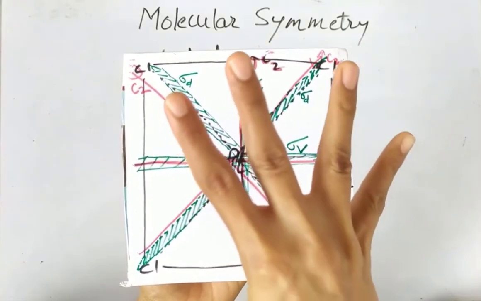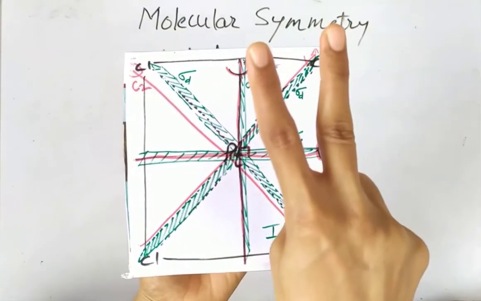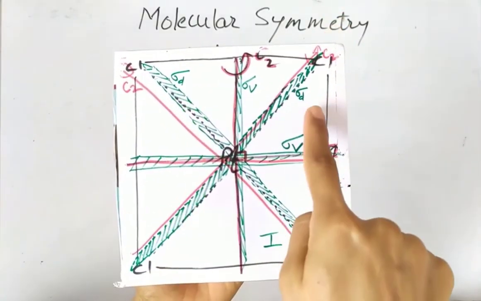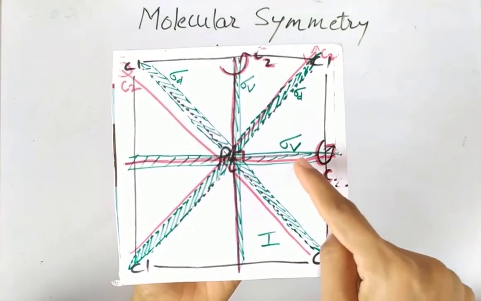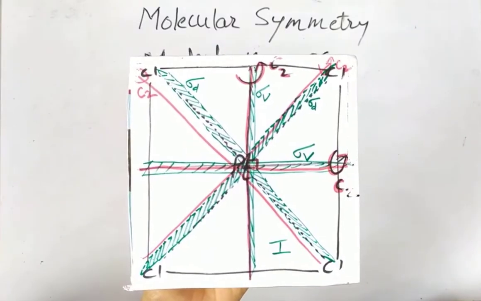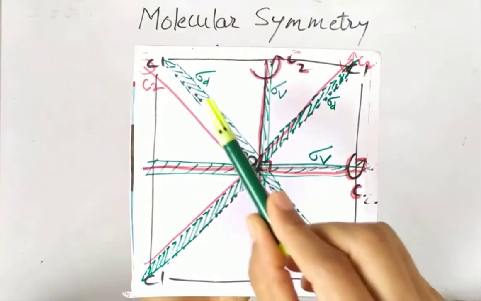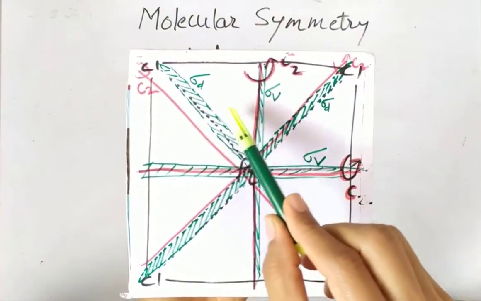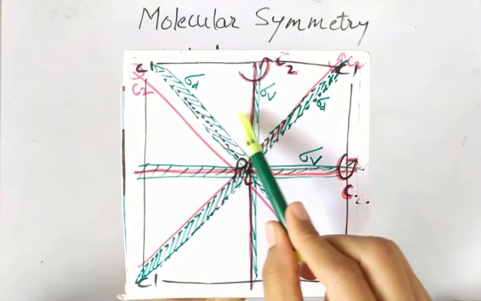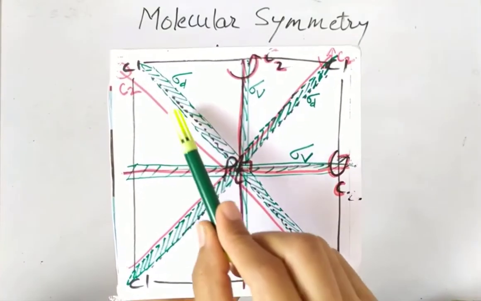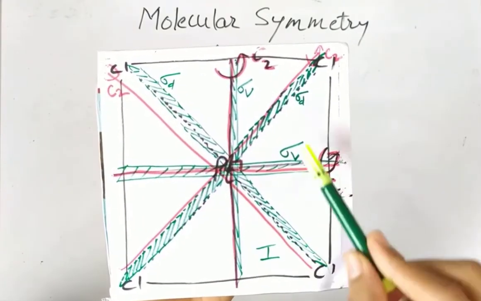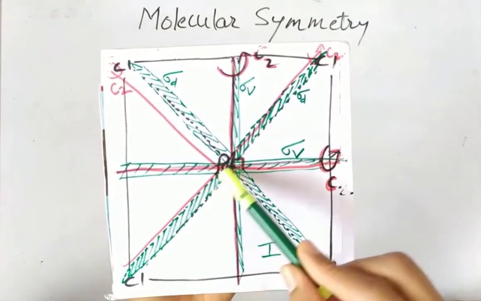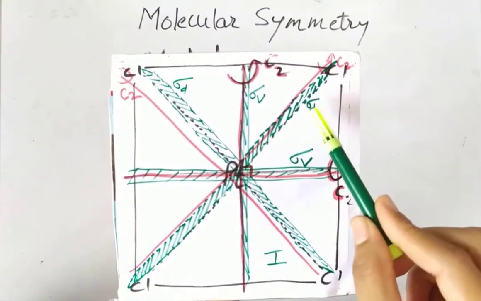So out of the 4 vertical planes, 2 will be called sigma Ds and 2 will be called sigma Vs. Remember, you can't call this and this sigma D at a time. If you are choosing one plane in this direction as sigma D, then the second sigma D must be drawn like this.